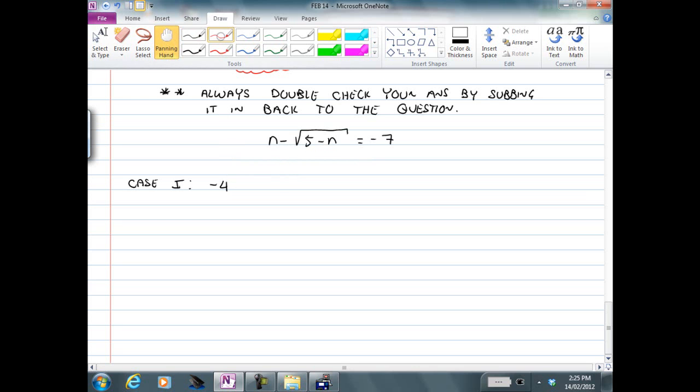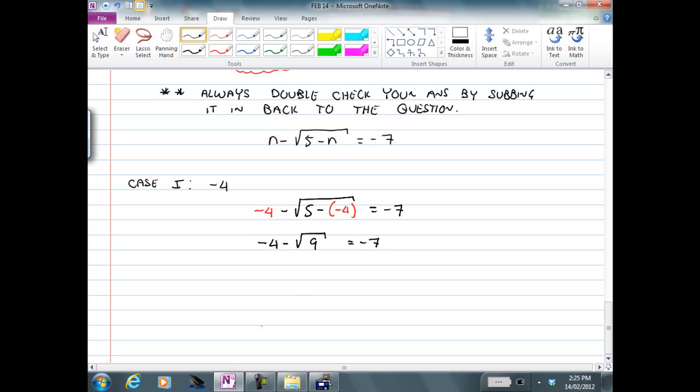So I go negative 4 minus the square root of 5 minus negative 4. See, I'm just subbing in nice and slow. No need to rush it. Guys, gals, I want you to look at the radical and just solve it here. So you have negative 4 minus the square root of 9.